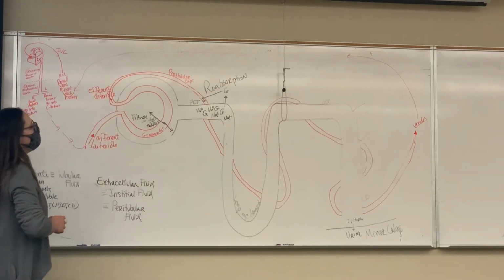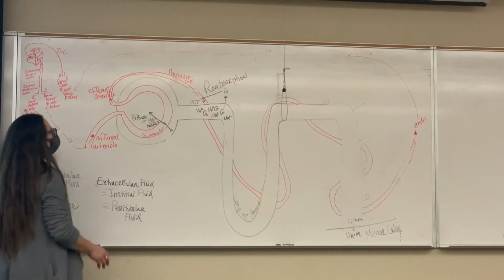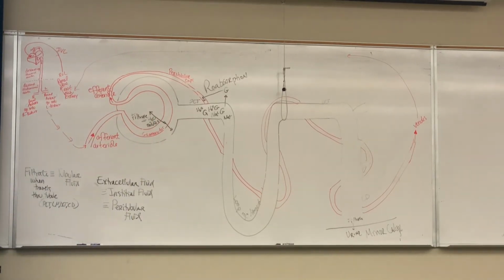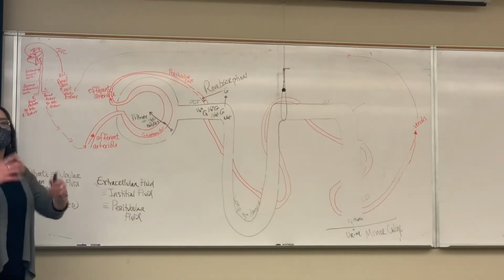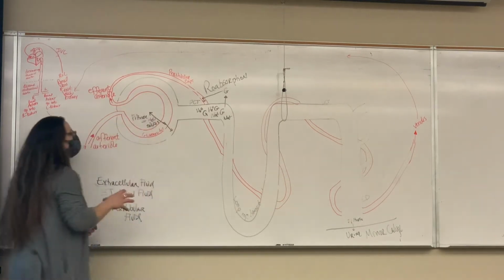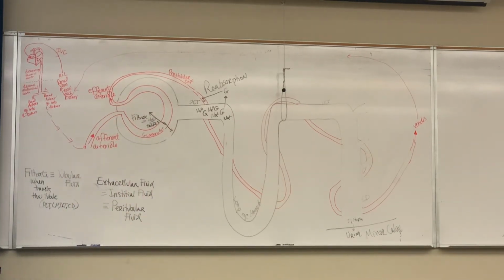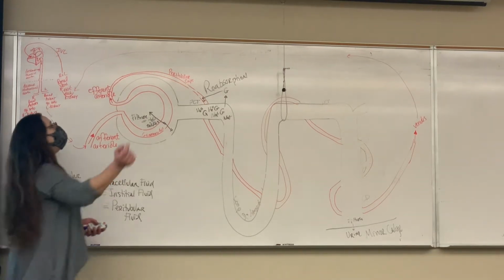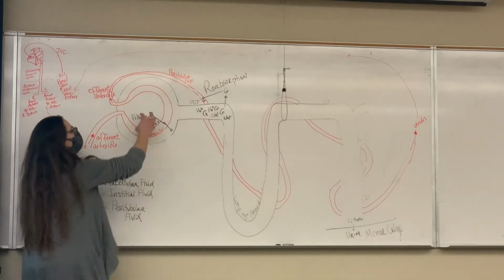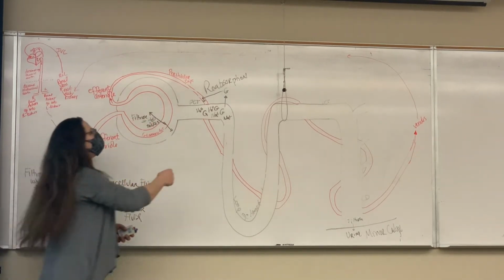Now, kind of the point of all this is to filter out bad stuff, right? To filter out organic waste. Filter out things that we don't need in the blood. But the problem is, the way that filtration works here, we are going to filter out a lot of good things too. We're going to filter out glucose that we're going to have to put back into the bloodstream through reabsorption. We're going to filter out vitamins that we're going to have to reabsorb.